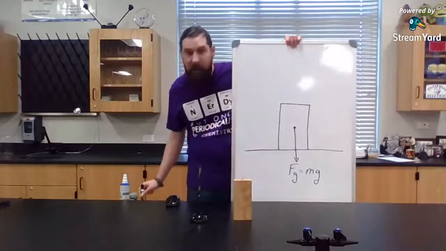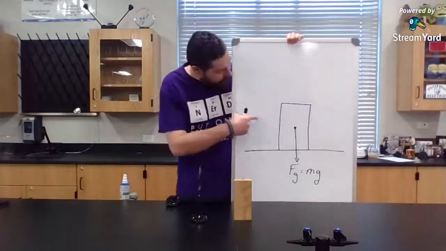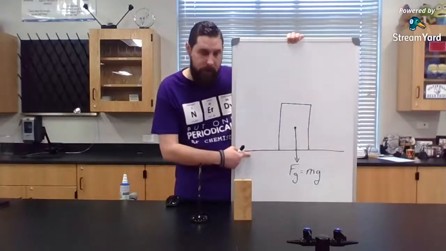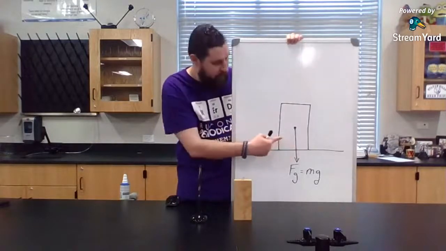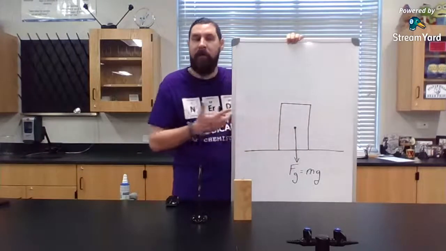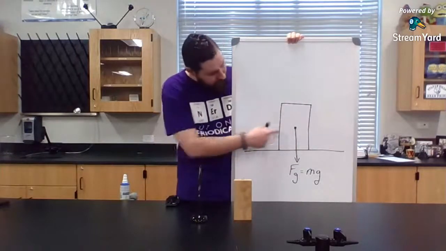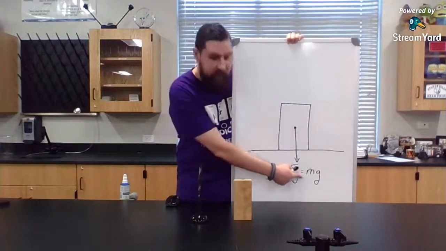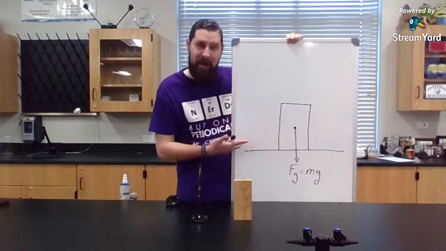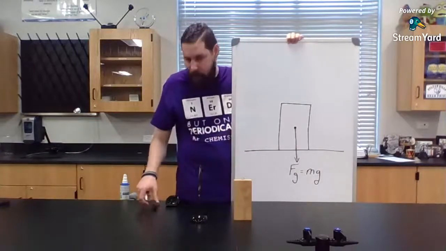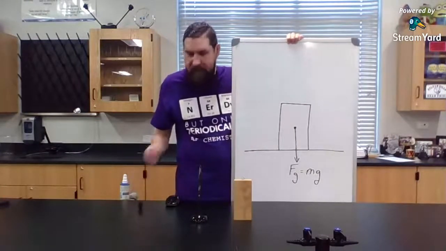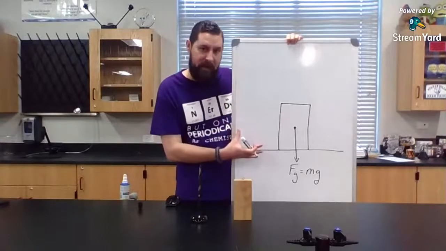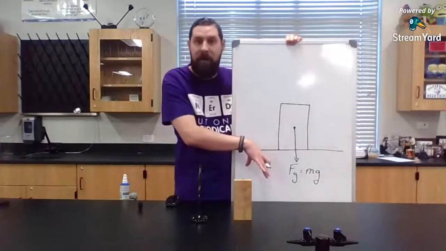So I've drawn this out, and what we've got is an idea of the table. We have the box, and then this dot, which is representing the center of mass. And we draw an arrow downwards, and that is our force of gravity, which equals mass times gravity, or again, our weight. Well, looking at this diagram, if that were the only force acting on it, then it would sink down through that table.